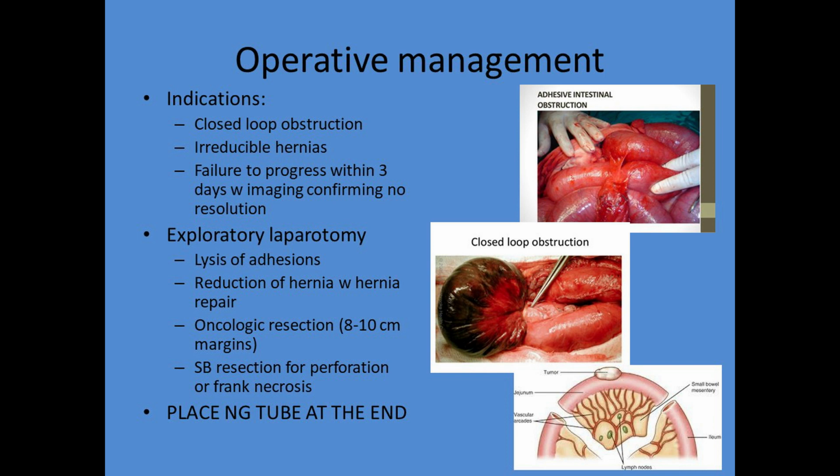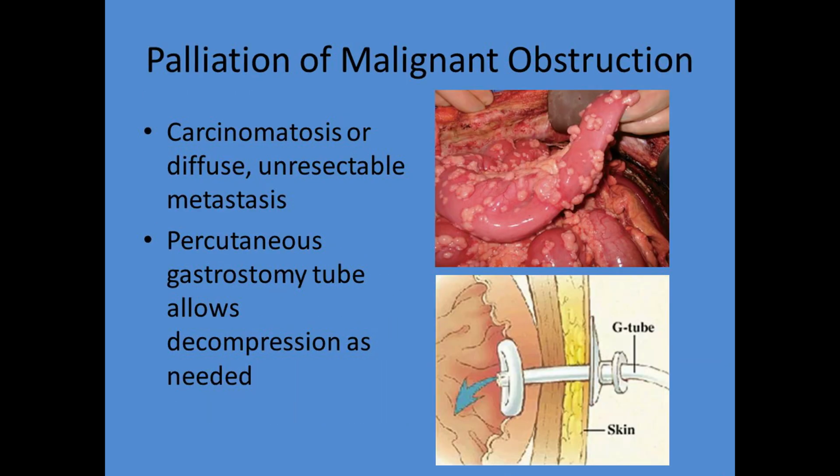You don't want to just take the small bowel, you need to also take the lymph nodes, just like that figure in the bottom right there, so you don't leave cancer behind. And you also need to resect any frankly perforated bowel. Sometimes we forget to do this, but it's always important to remember to place a nasogastric tube at the end of the case, as these patients will likely take a long time to have a resumption of small bowel function.